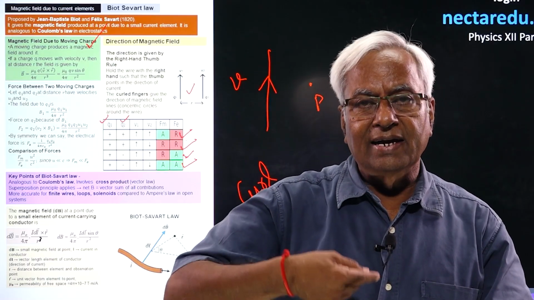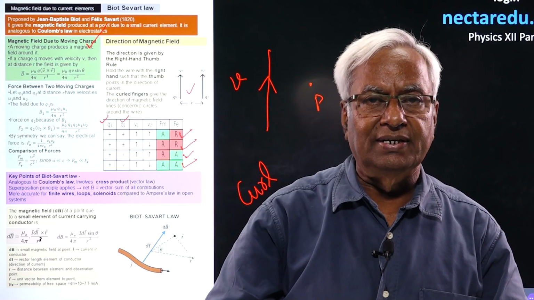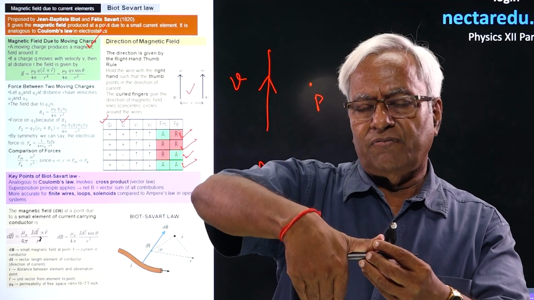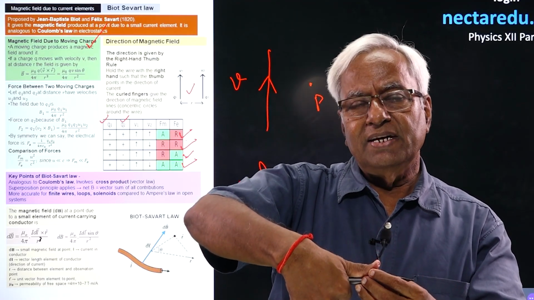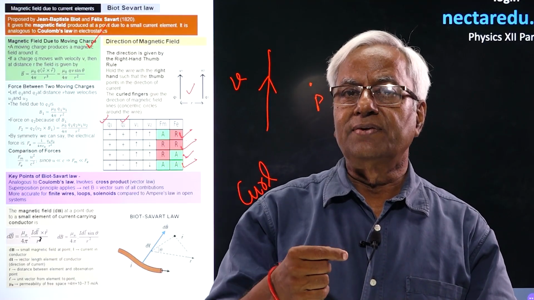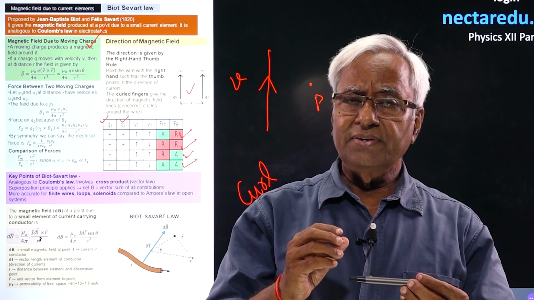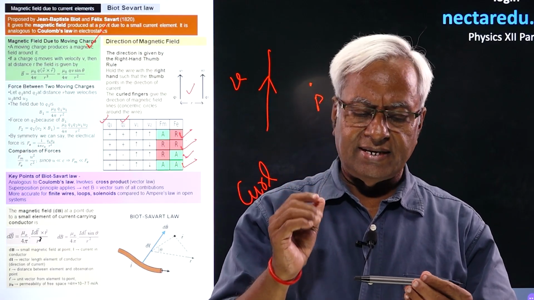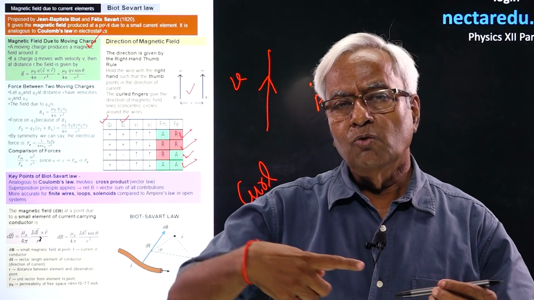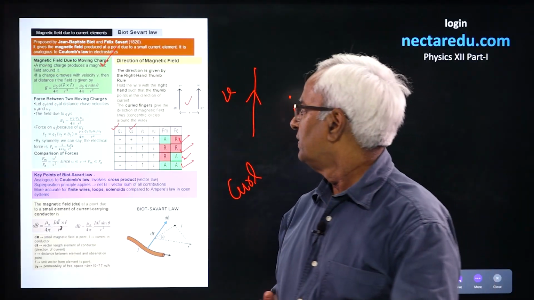So all around, you get the direction of magnetic field with the help of curling of the right hand. It's very interesting, this field comes out in the form of concentric circles. Why concentric? Because the center for all the circles is on the wire itself.